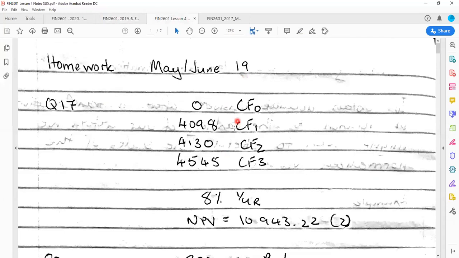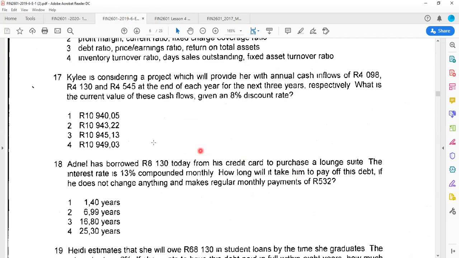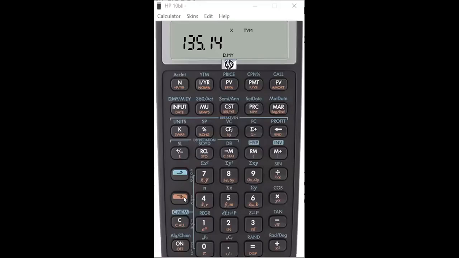In this case, you need to use your financial calculator to enter in these cash flows. Remember, we've been told that these cash flows are occurring at the end of each year, so CF0 will be 0. That's important.